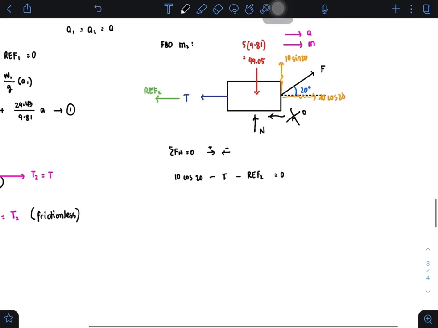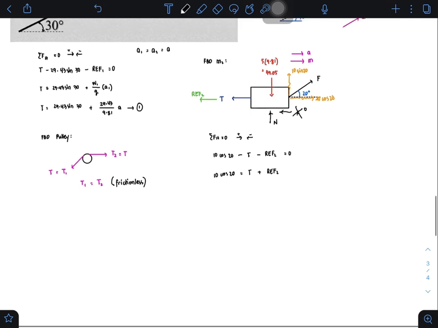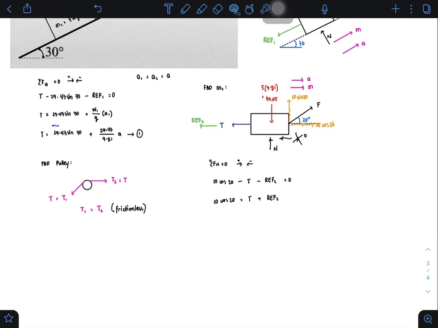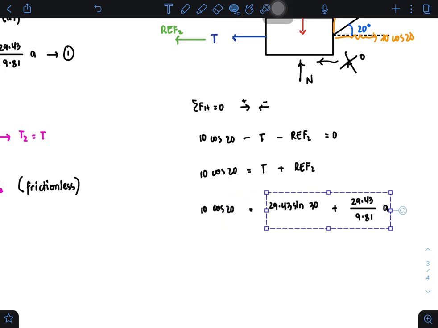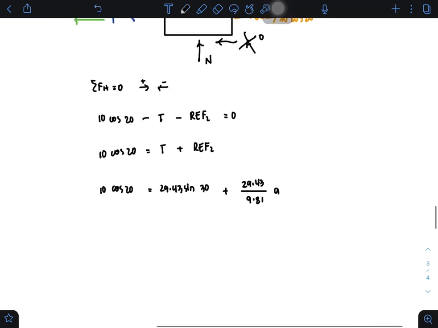We transpose everything to the right side, so 10 cosine of 20 is equal to the tension plus W2. What is the tension? Tension is this one, so we substitute that there. This whole thing here is the tension, and then plus W2, which is the weight.